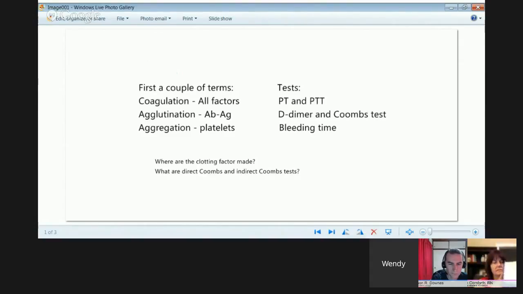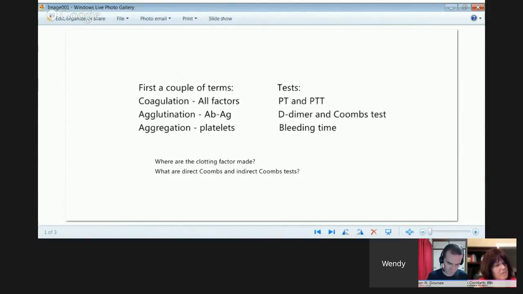So when do we do Coombs test? Lisa's got a big book. Always good to have an encyclopedia of the medical terms. Okay, so Coombs is the test for hemolytic anemia. Good.